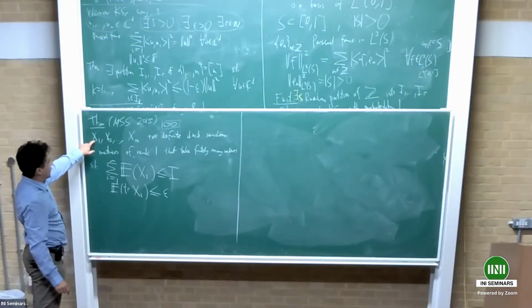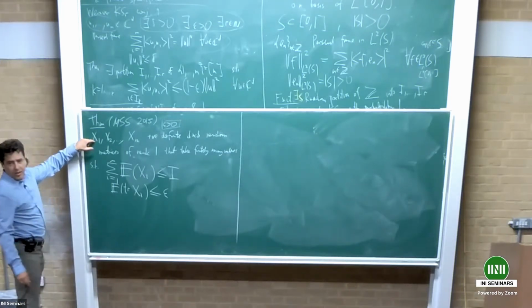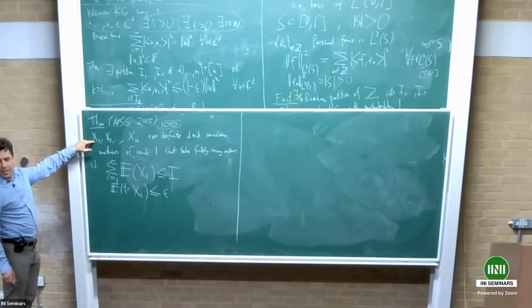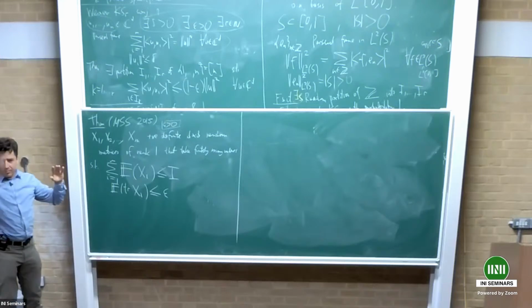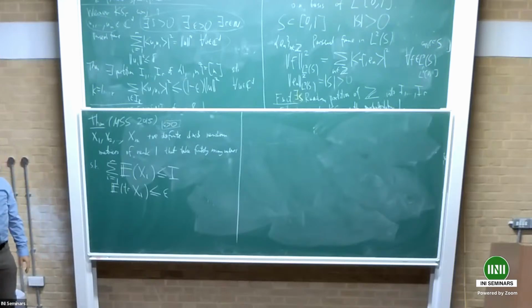So what do you want to take for X1? You have rank one matrices like Z Z transpose, where Z is a Gaussian vector. Those are rank 1, but the expectation of those is the identity, and that can happen.